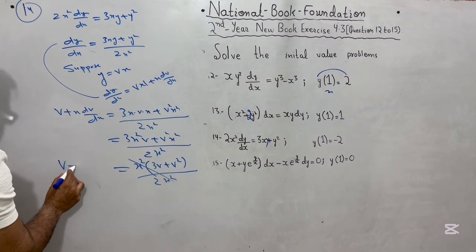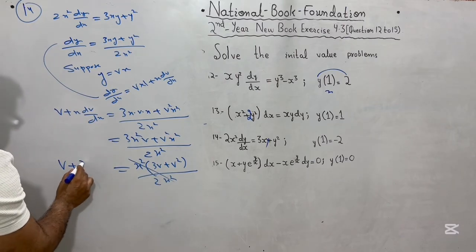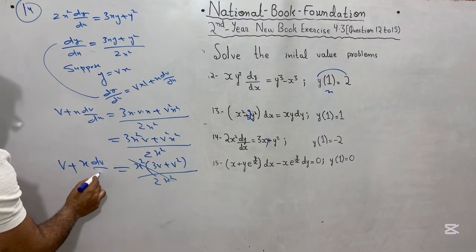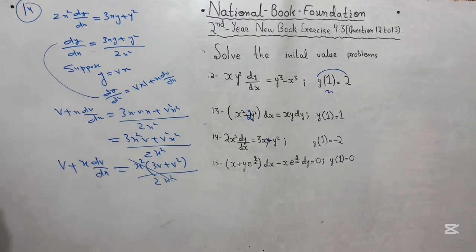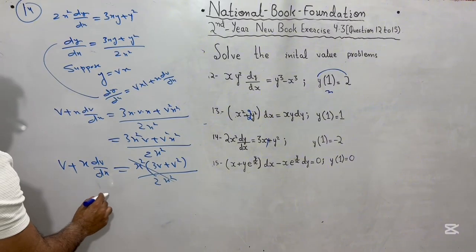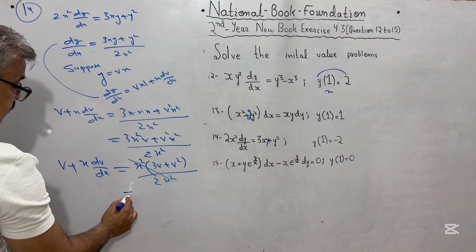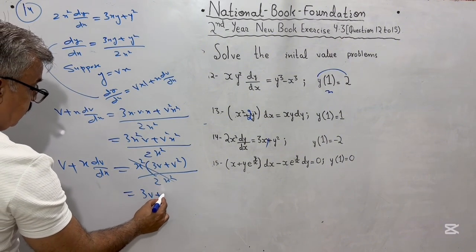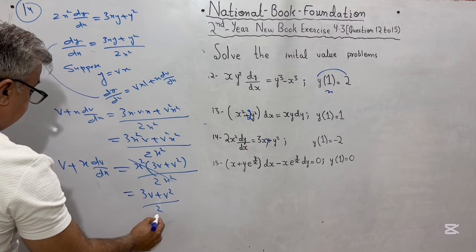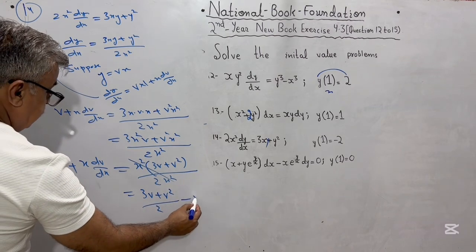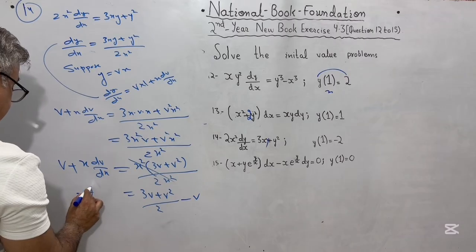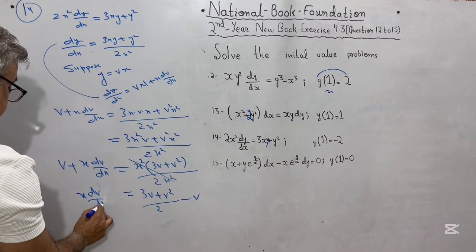Now just shift this v to the right hand side. Then we are in a position to make the differential equation a separable one. v plus x dv over dx, what are we left with? 3v plus v square divided by 2. Shift v here, it will become minus v. We are left with here x dv over dx.